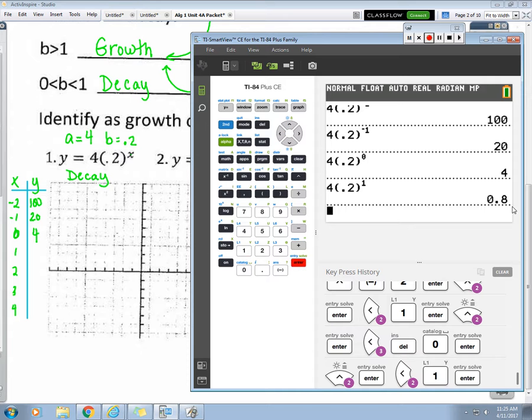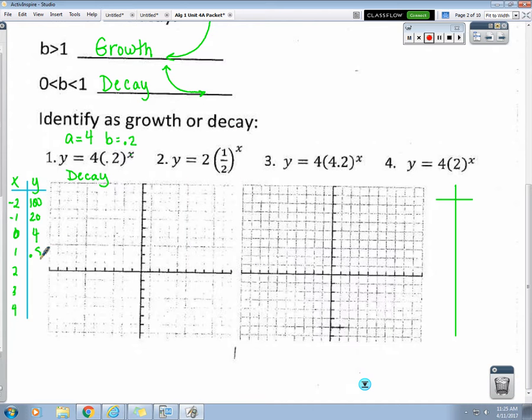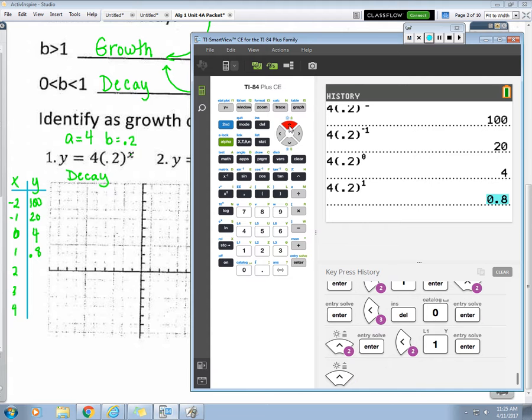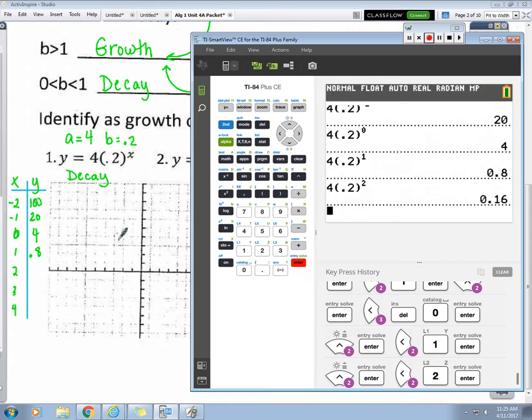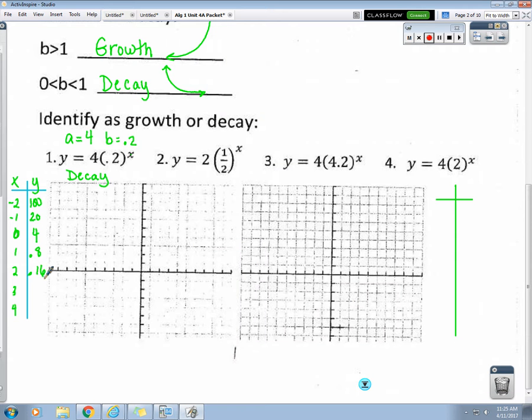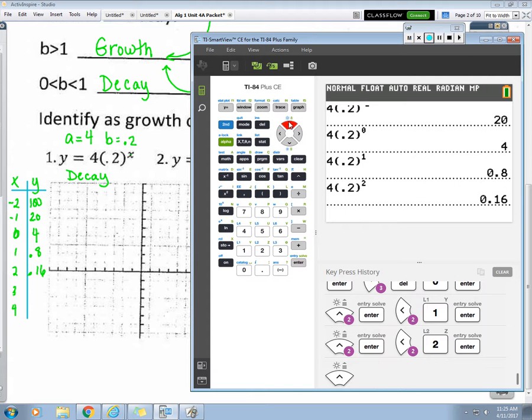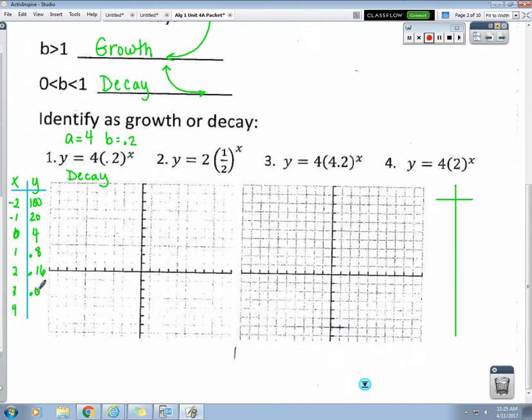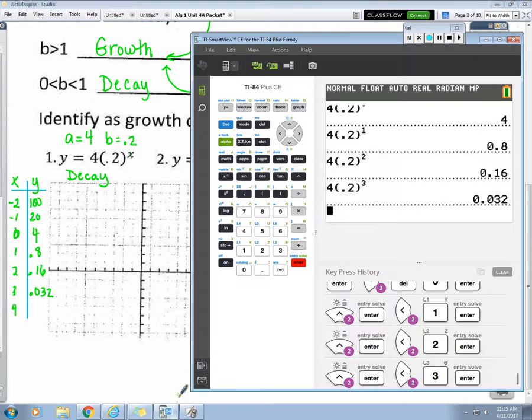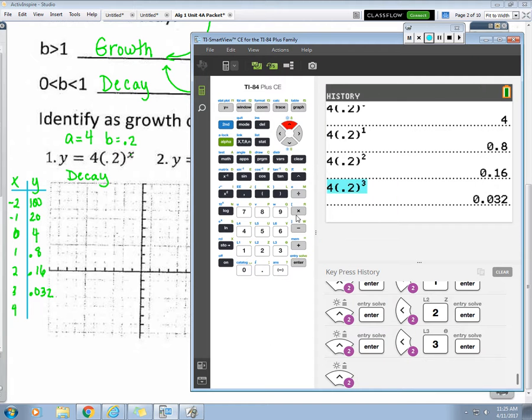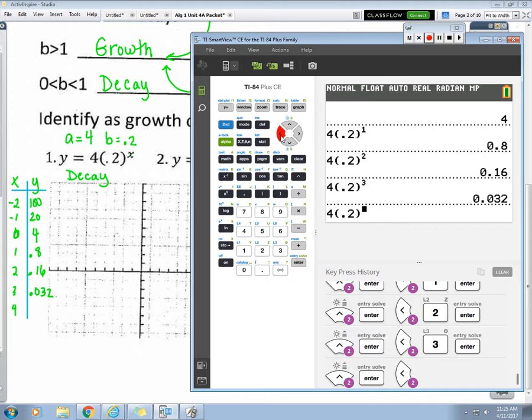And so you get 0.8, and then you would plug in a 2, and you get 0.16, and then you plug in a 3, 0.032, and then you plug in a 4, correct, 0.0064.